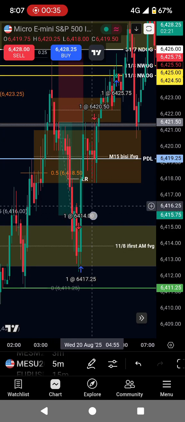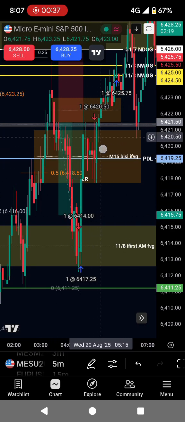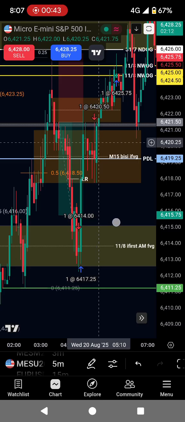Then you can see I entered short here, in that CB, because I was chasing 26,420.5. I entered even below my CB where I expected an entry, so I absorbed more loss than usual because I was rushing. Okay, that's basically it.